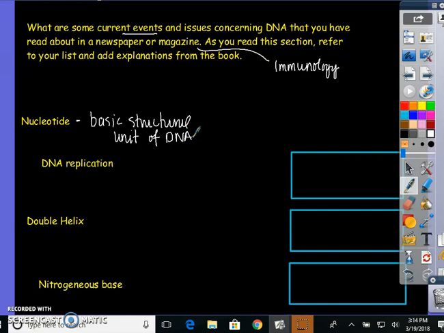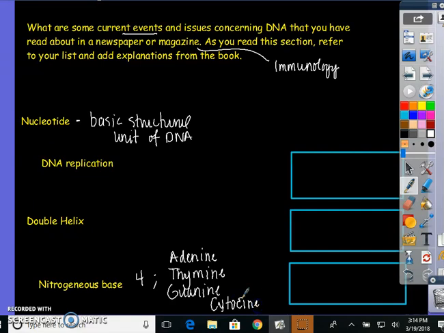Of course there are going to be 4 nitrogenous bases, and they are adenine, thymine, guanine, and cytosine. That's with an S, I'm so sorry. Gosh, my handwriting is terrible.